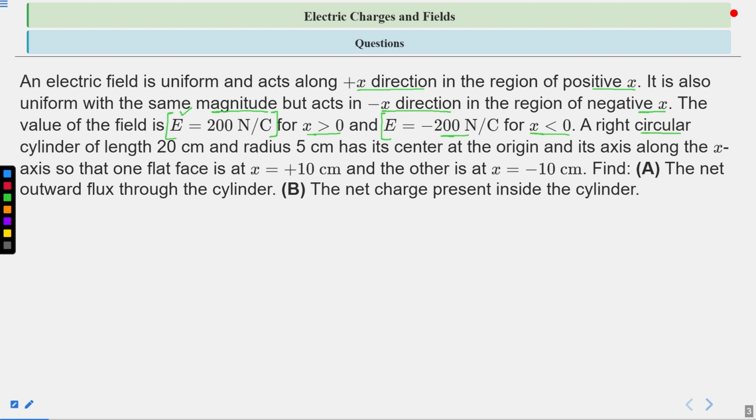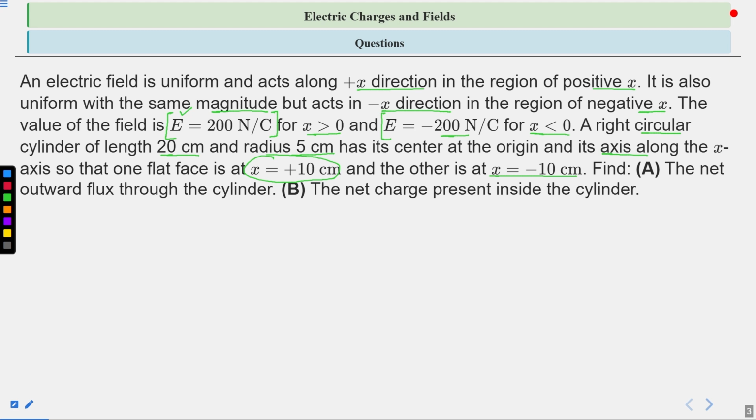A right circular cylinder of length 20 centimeter and radius 5 centimeter has its center at the origin and its axis along the x axis, so that one flat face is at x equal to 10 centimeter and the other is at x equal to minus 10 centimeter.